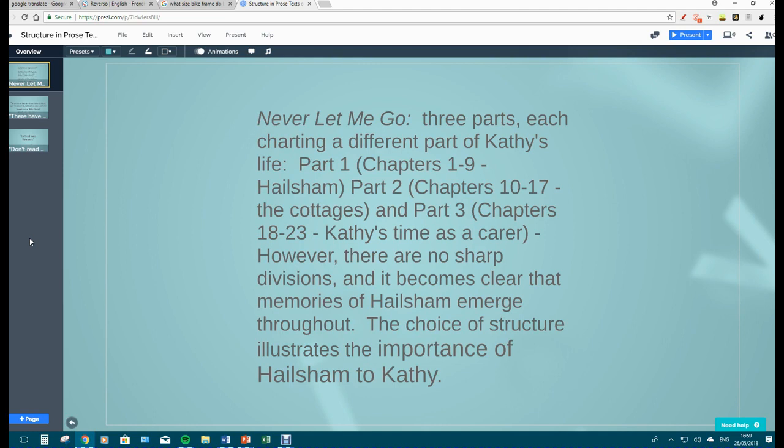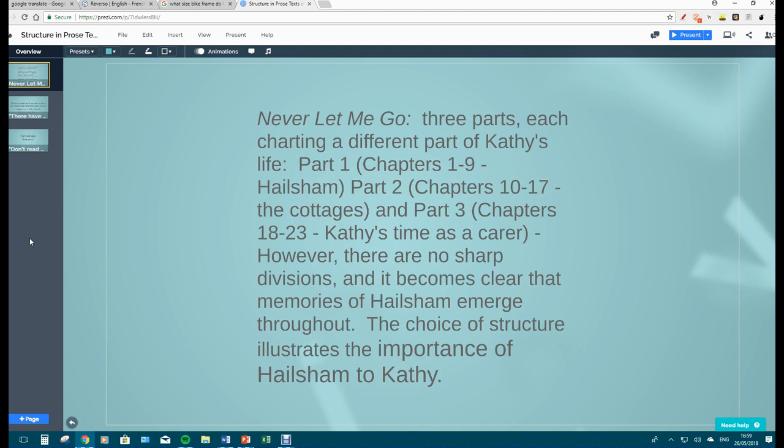But what's interesting is that Hailsham actually emerges all the way through. She keeps on trying to throw away this idea of always talking about Hailsham, and then, as I'm going to explain, at one point she just can't resist it, she can't stop that pull of Hailsham.